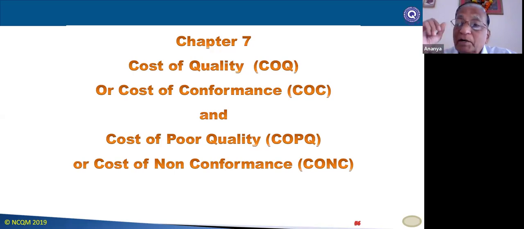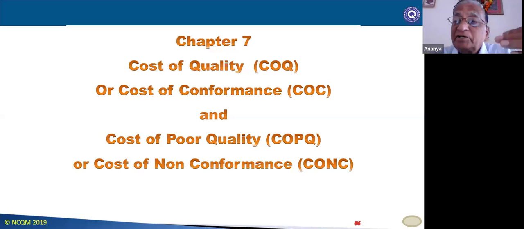So it is applicable not only in the manufacturing industry, also for service industry. As a matter of fact, in service industry, the cost of poor quality is about 40 to 50%. Whereas nowadays in manufacturing industry, it has come to 20 to 30%, because in manufacturing everything is tangible, everything is measurable.